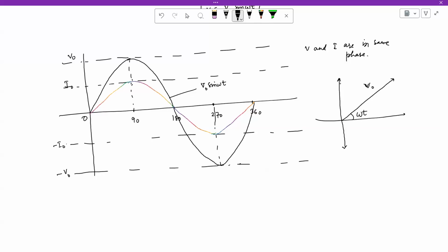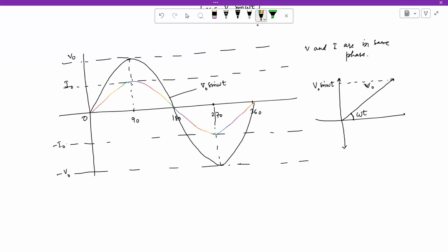So what would be this part? V naught, and then this, you know, the resolution of vectors, right? This is the angle, so this would be the cos part, and this would be sine, right? So this is V naught sine omega t.